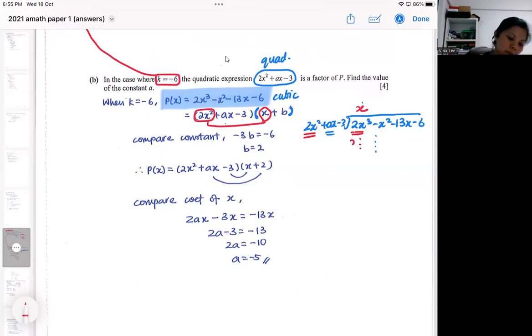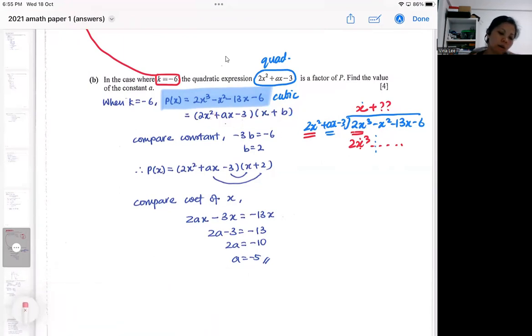Then I will continue something like this. It's just that I wouldn't know the number. Because of this, my polynomial is set up as a quadratic multiplied by a linear, and the linear will be x plus b. So this is how I set it up.